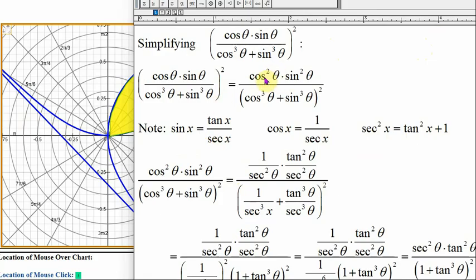So cosine squared of theta is 1 over secant squared, and sine squared of theta is tangent squared of theta over secant squared of theta. Cosine to the third of theta is 1 over secant to the third, and sine to the third of theta is tangent to the third over secant to the third.